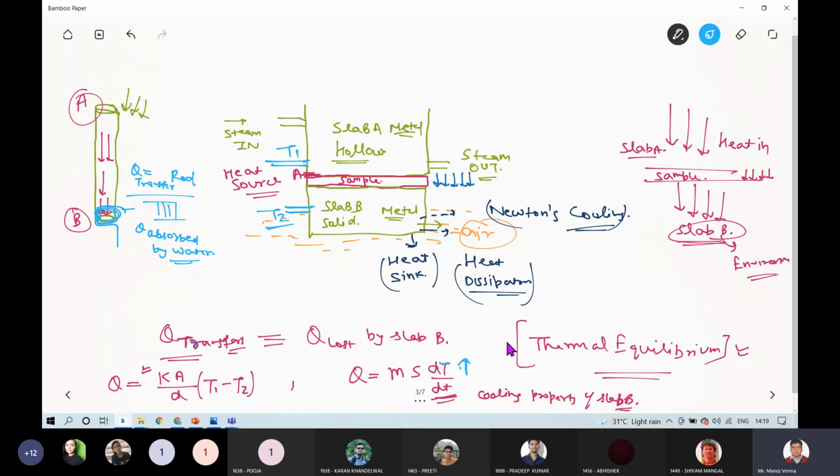It just tells you how fast this slab B can release the heat energy into the environment. The more the value of dT by dt, the faster the cooling. The less the value of dT by dt, the slower the cooling.